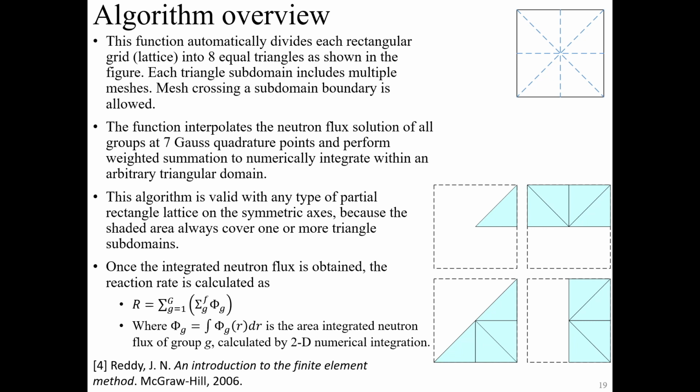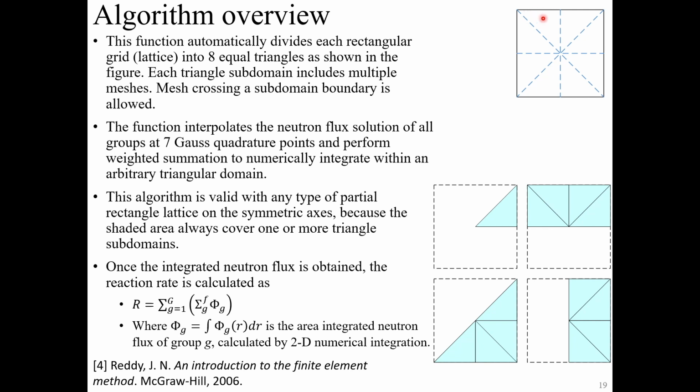This slide explains the basic algorithm used by this power integration function. This function automatically divides each rectangular grid or fuel lattice into 8 equal triangles, as shown in this figure. Each triangle subdomain includes multiple meshes.